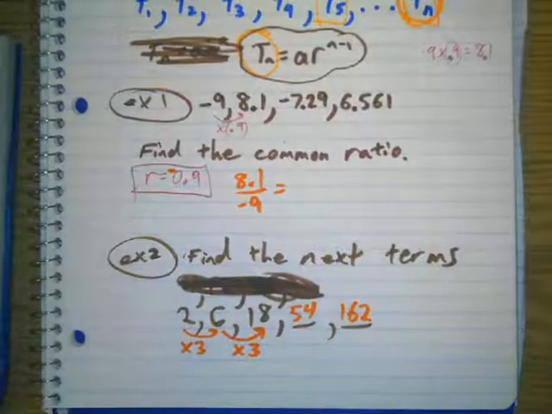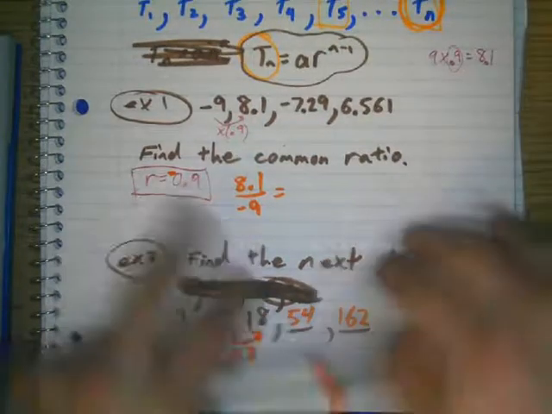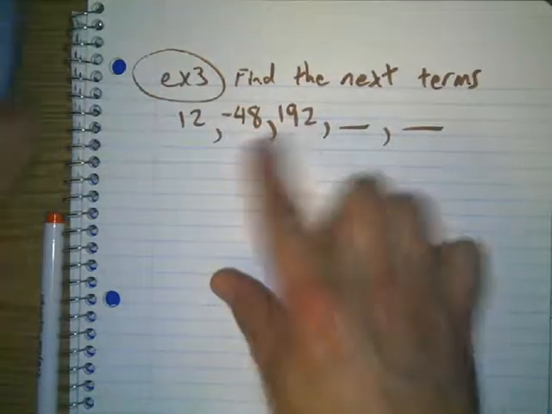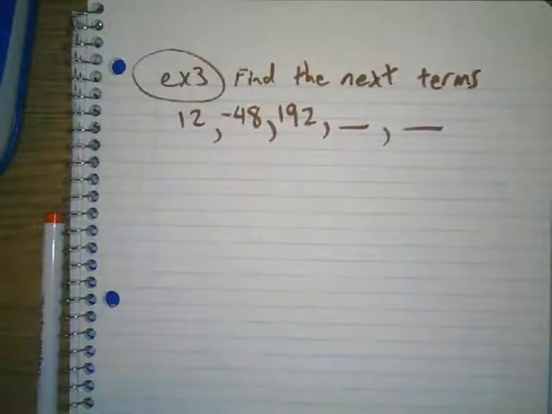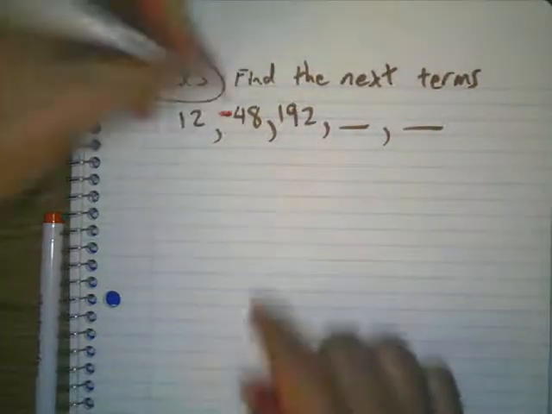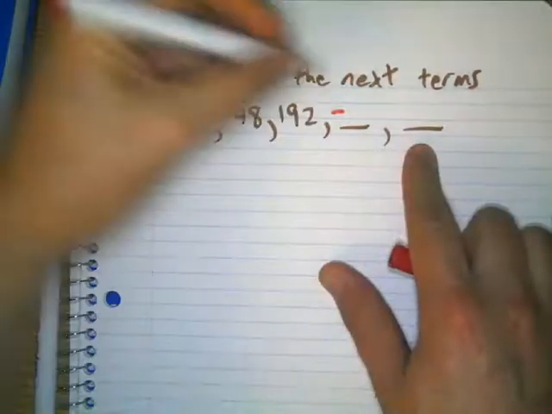Okay, let's look at some more examples. -12, -48, 192. Okay, to get to the next one, notice how it's alternating positive, negative, positive. This one's going to be negative, the next one's going to be positive, right?